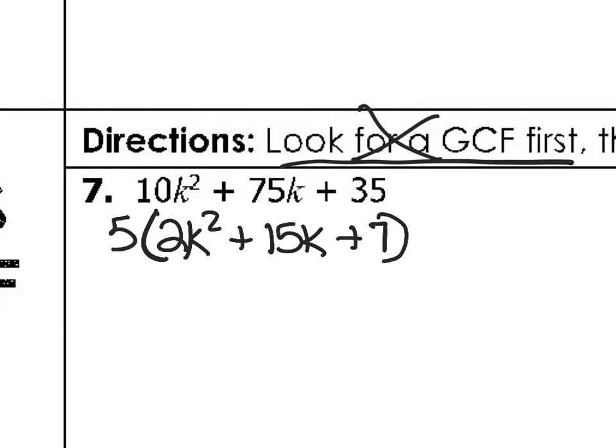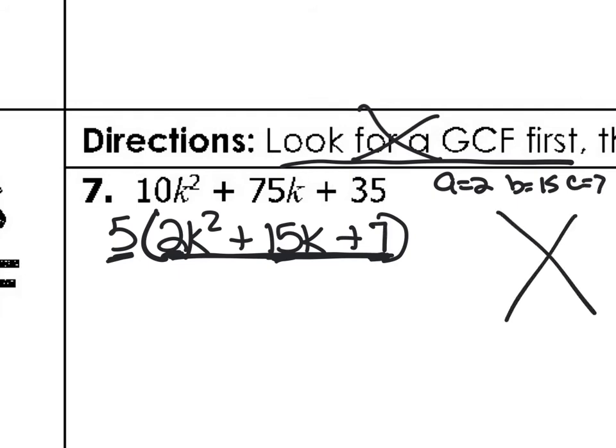So I always look to make sure again that that was my greatest by just seeing if I can get a common factor out of my new numbers, and I can't, so that 5 works. All right, but I can now try to factor this inside. So we've got A is 2, B is 15, and C is 7.